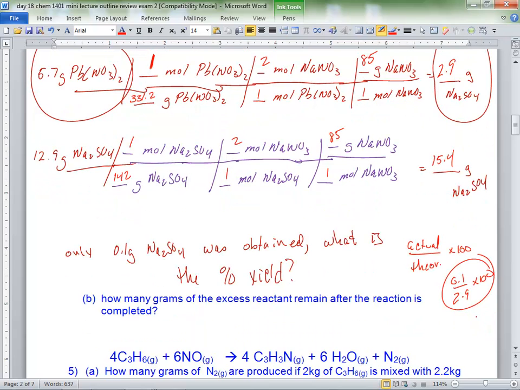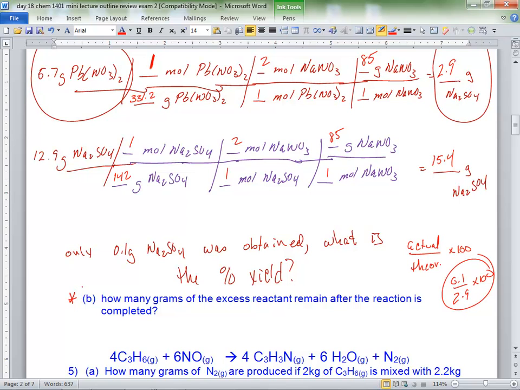Last question. How would you handle part B here? How many grams of the excess reactant remain? Do you remember? No one remembers how to do this?